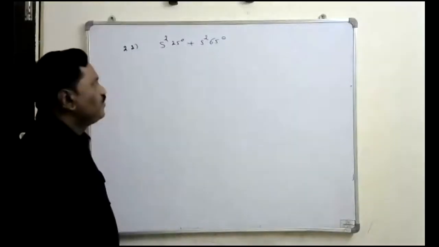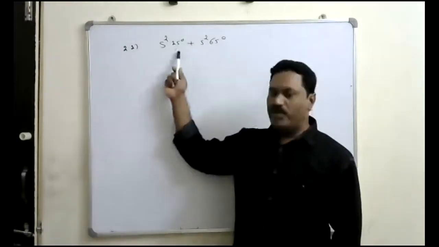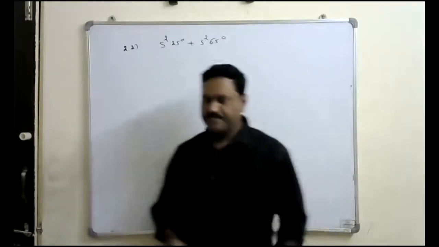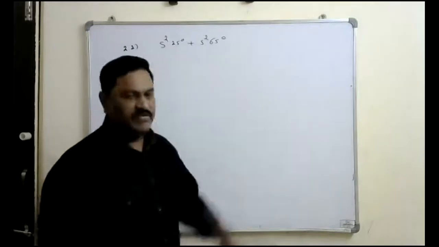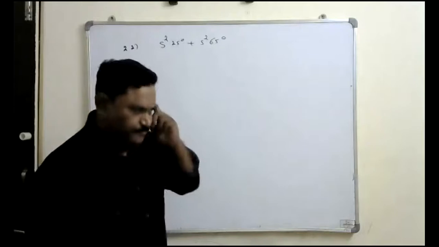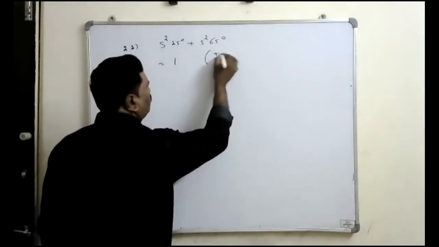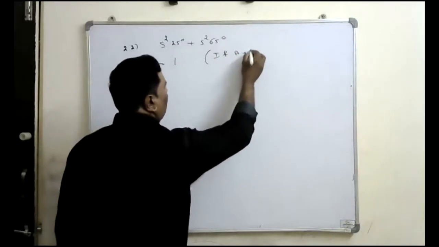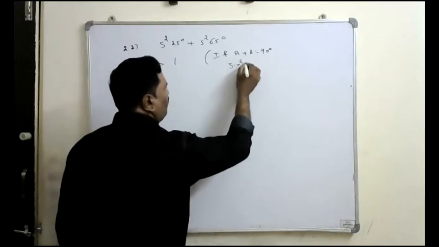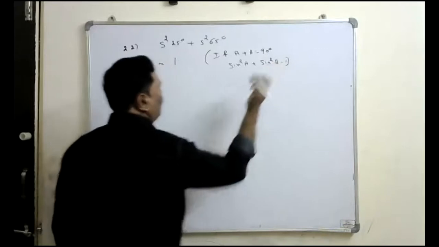Just look at this. Here also, observe the angles, 25 and 65. What is 25 plus 65? 90. Just now I gave you the result that if A plus B is 90, sine square A plus sine square B is 1. So the answer is 1. If you know the result, you can directly write that answer.